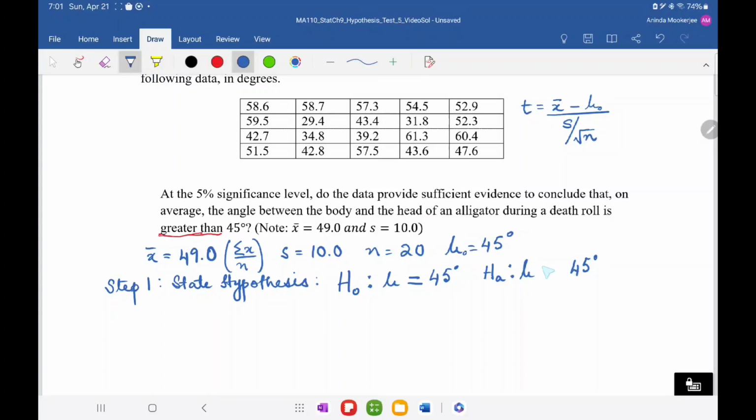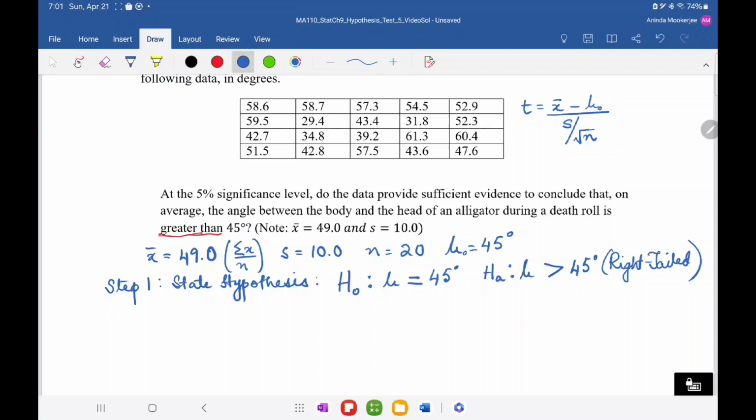It should be the greater than sign. And as soon as we put the greater than sign in the alternate hypothesis, that tells us it's going to be a right tail test.